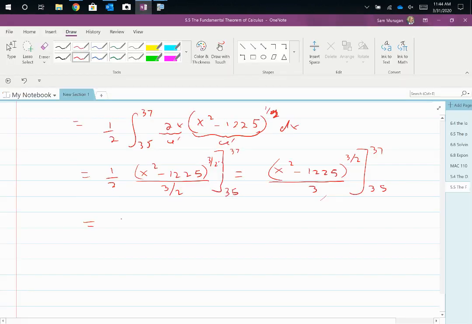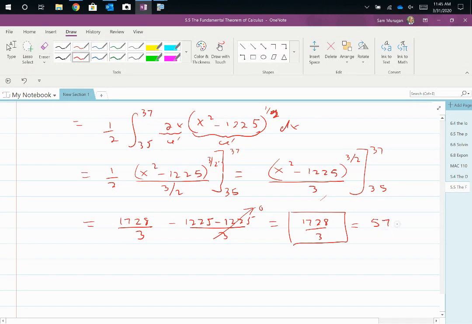So this is 1728 over 3. And then x squared minus, substituting 35 in there, we get 1225 minus 1225 over 3, which is 0. So the answer is 1728 over 3. I think that divides exactly, doesn't it? Yeah, 576. 576.